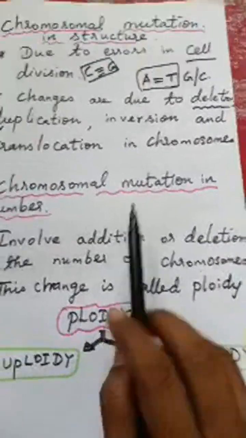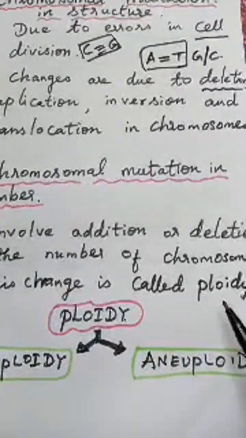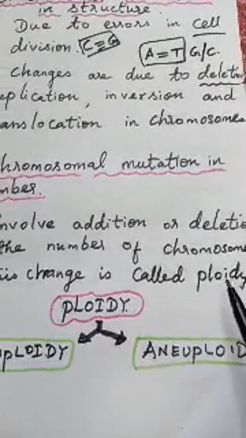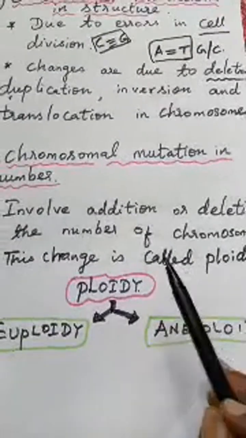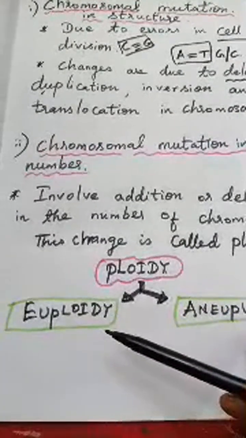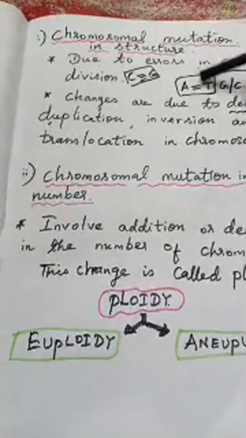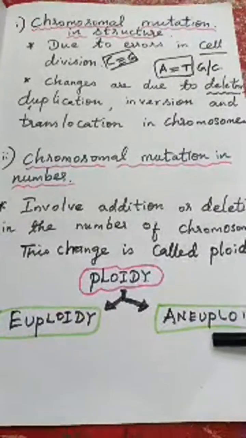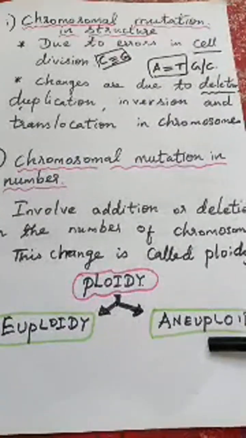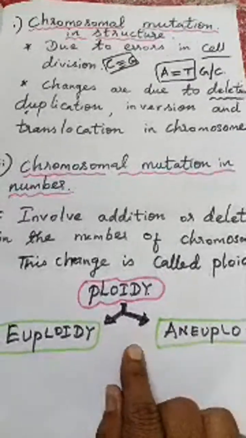That is chromosomal mutation in number, which is known as ploidy, and it is further divided into two types, euploidy and aneuploidy. So this is about the general chromosomal mutation in genetics. Clear? Let me explain about ploidy.